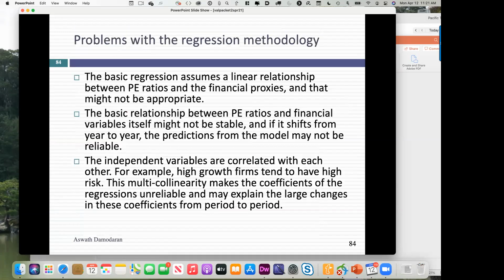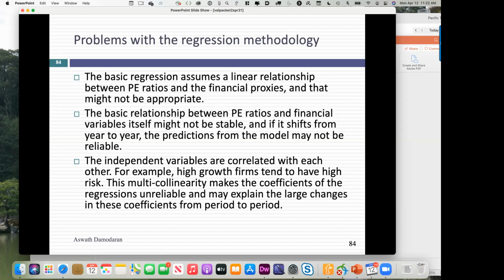Now, first, whenever you run these regressions, there are standard issues you run into. Is it linear, non-linear? In this case, I've imposed a linear relationship, and that might not be true. The second is the relationship itself might be unstable. As you do these regressions, they might change over time, and these regressions are unstable.